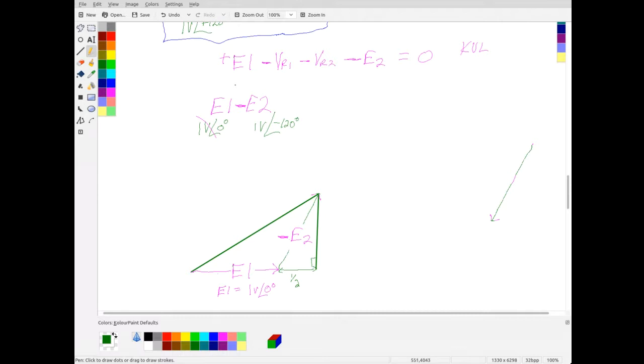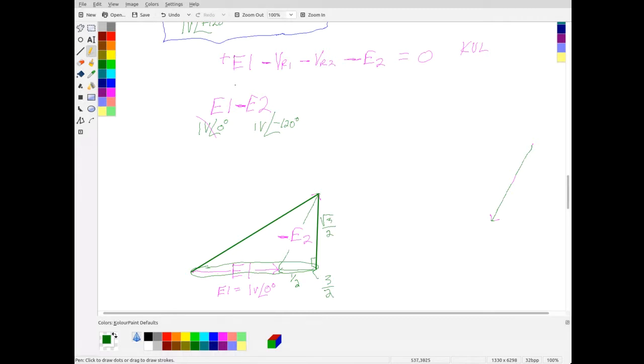So we have 1 plus 1/2. Well, gosh, 1 plus 1/2, that gives us that this entire length here turns out to be 3/2. No square root. I don't know why I wrote that. This entire length is 3/2, and this length over here turns out to be the square root of 3/2.